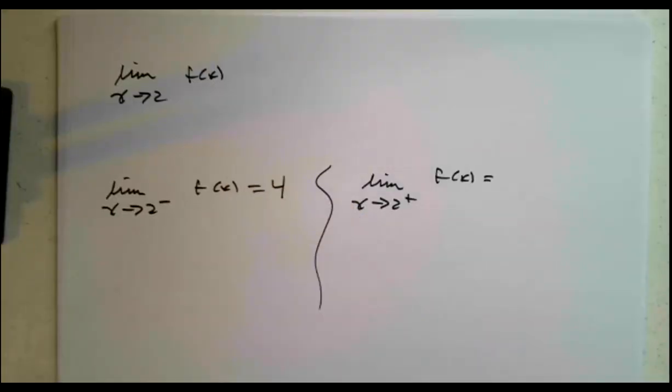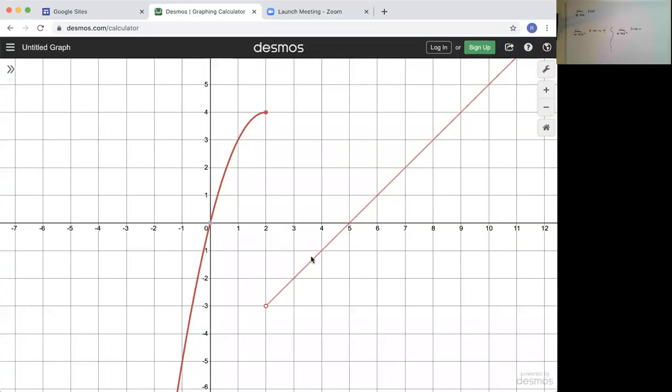How about the limit as I approach 2 from the right? To the right of 2, I'm over here. To the right of 2, where are the y values headed? It looks like they're headed to -3. Now, they never actually get there. We have a hole there, but it gets pretty close. So what happens at 2 is irrelevant. What happens near 2 is what I'm interested in. And near 2, it looks like the values of the function are getting closer and closer to -3.